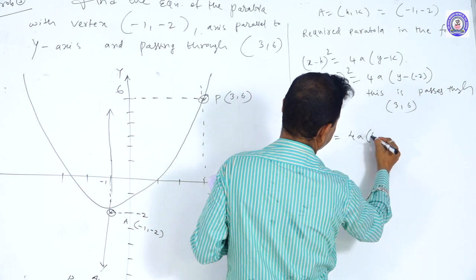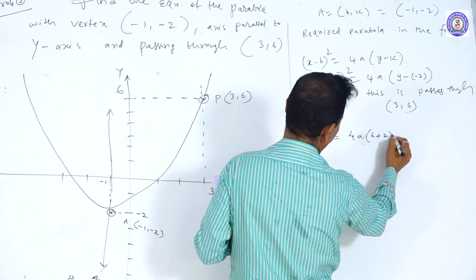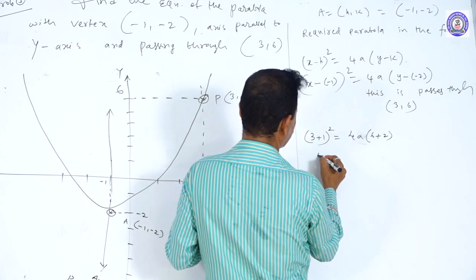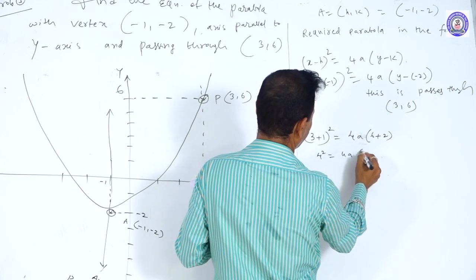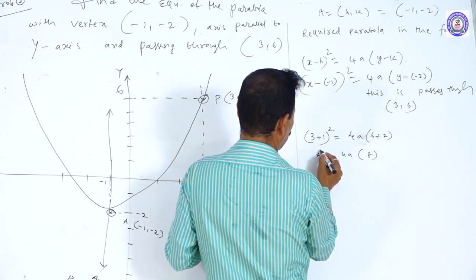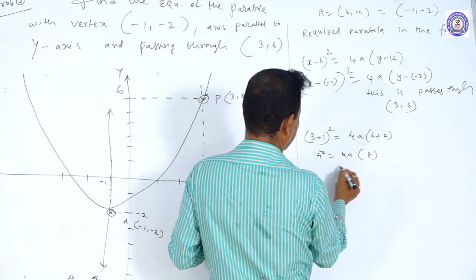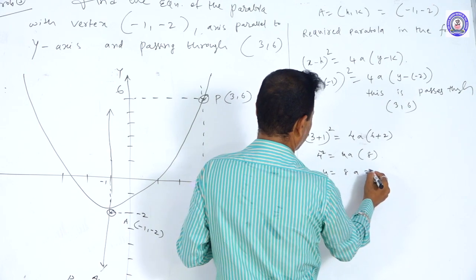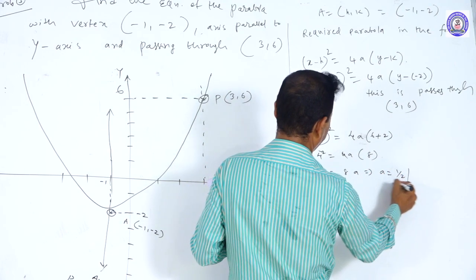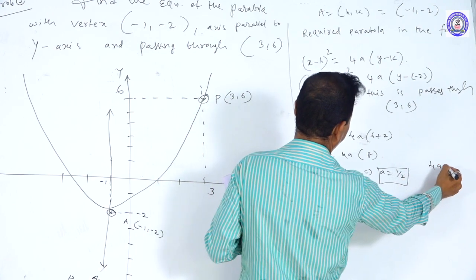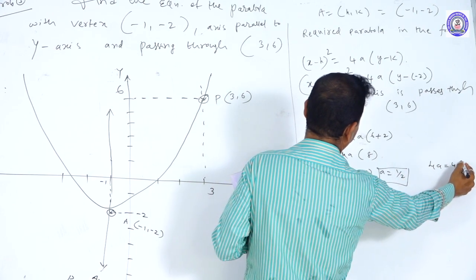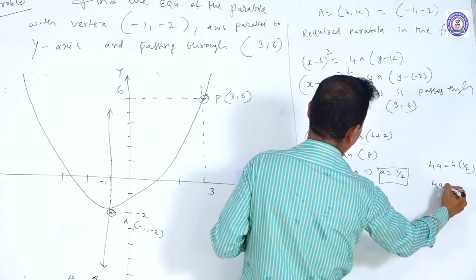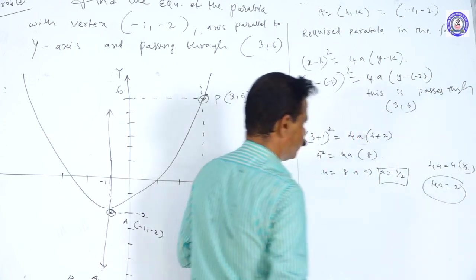Y is 6, so 6 plus 2. So this is 4 square is equal to 4a into 8. So one 4 and 4 cancel, the other 4 is equal to 8a. From this a is equal to 1 by 2. And the 4a value is 4 into 1 by 2, so 4a value directly comes 2.